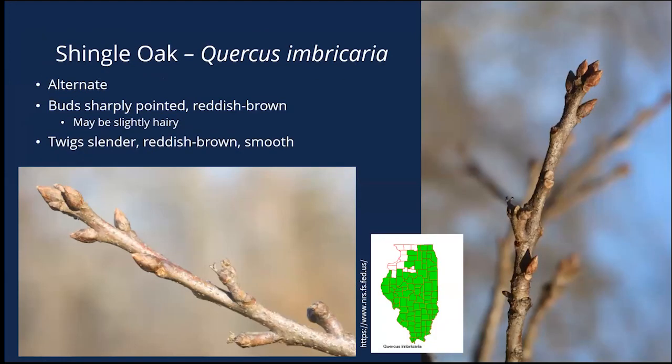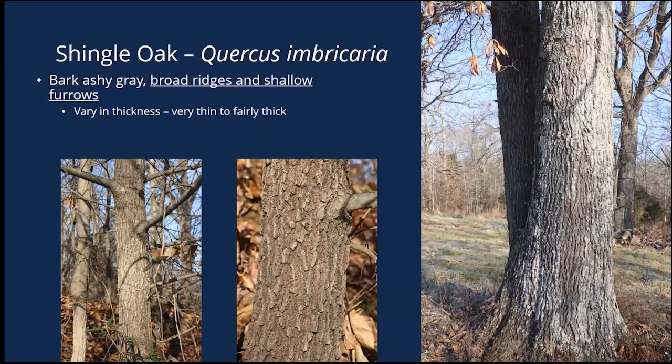Another one that sometimes gets mistaken for pin oak is shingle oak. Its twigs are very similar to pin oak. Sharply pointed reddish brown buds. They may be slightly hairy, slender twigs, reddish brown and smooth. The bark is similar to pin oak as well.